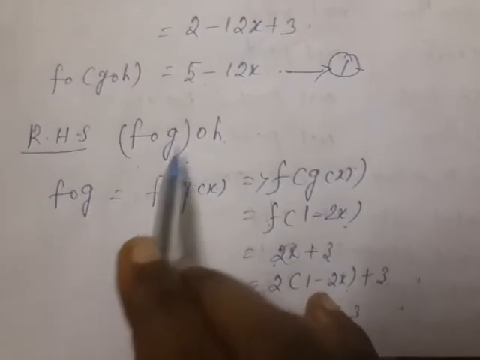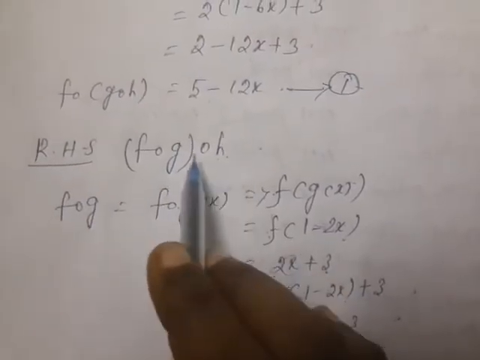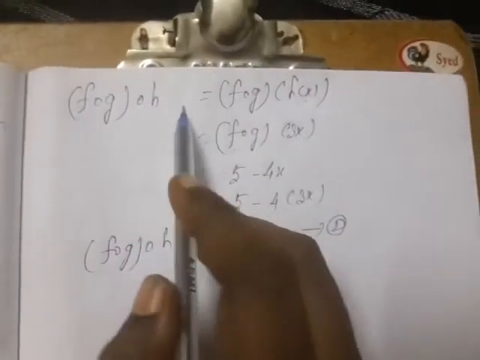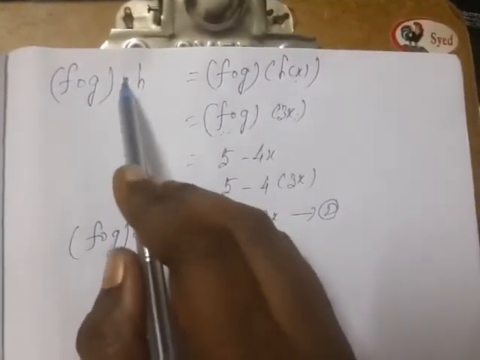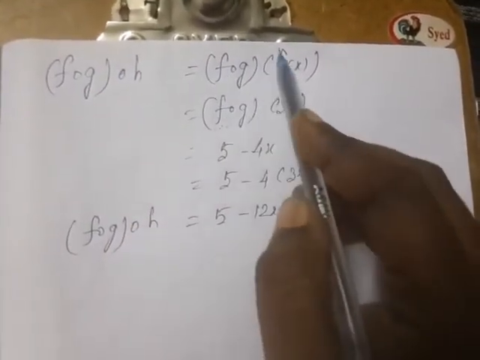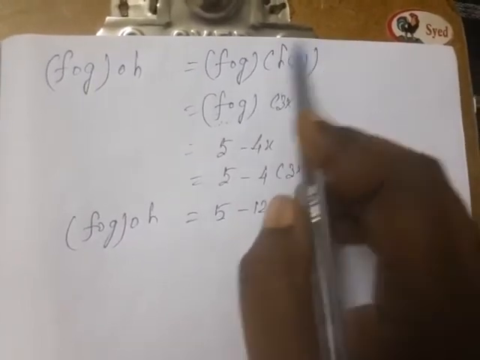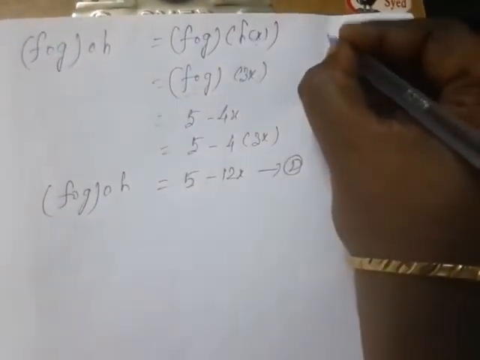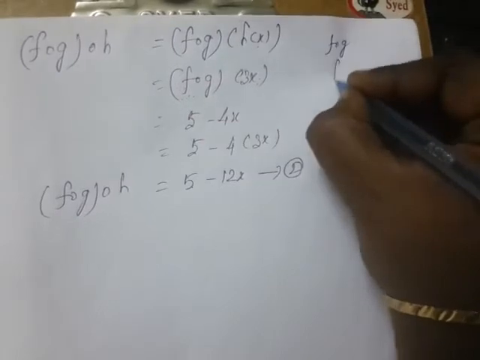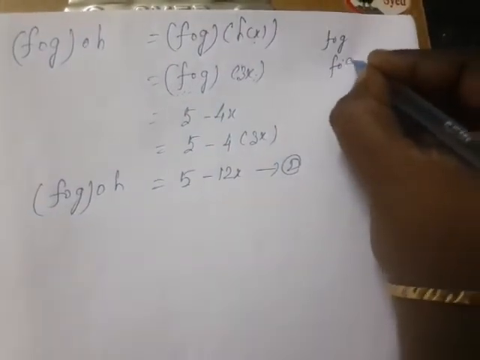But we have to find f composite g composite h, so I write f composite g of h of x, just as f composite g means f of g of x.